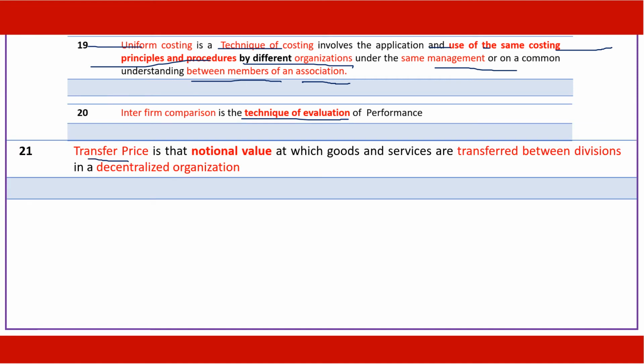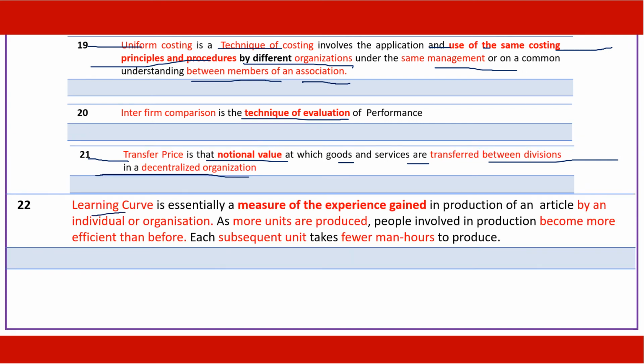Transfer price is a notional value at which goods or services are transferred between divisions of an organization which is decentralized. Learning curve is essentially a measure of experience gained in production of an article by an individual or organization.